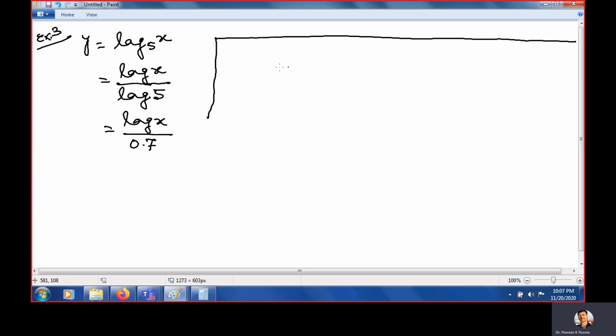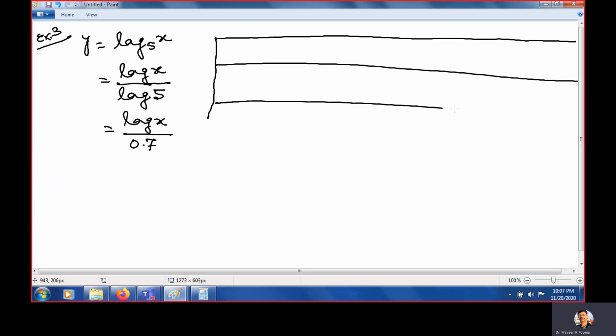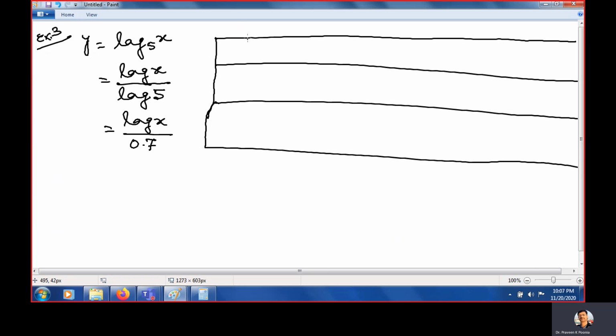Whatever we made in log x. Now see what is the difference. X is 1, because log 1 is, it is log 1 upon 0.7, 0.